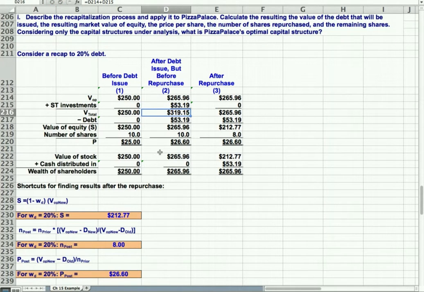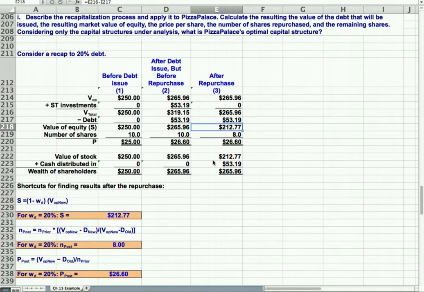So that totals 319. So the value to the equity is 265, right? We take out the debt we've taken on. And if there's 10 shares, the value per share is 26.60. So the value of stock is that 265. We haven't distributed any cash, and the wealth for the shareholders is 265.